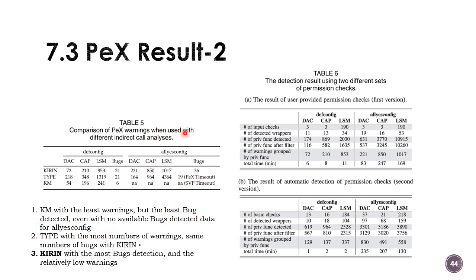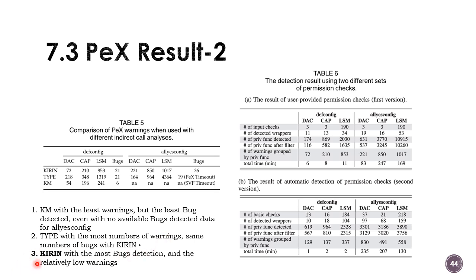For the allyesconfig with a bigger Linux kernel size, it even has no detected bugs because it times out because of the huge code base. It cannot handle it. The second is type-based. It shows the largest number of warnings, but the same number of bugs as Karen.